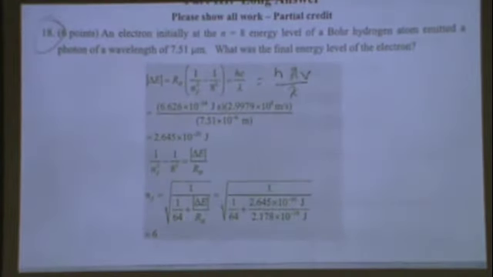1 over n final squared equals minus 1 over 8 squared. So this is kind of an algebra question over the Rydberg constant. Okay? Oh, you can see that? So it's kind of an algebra question.